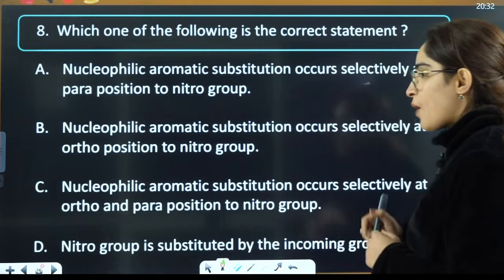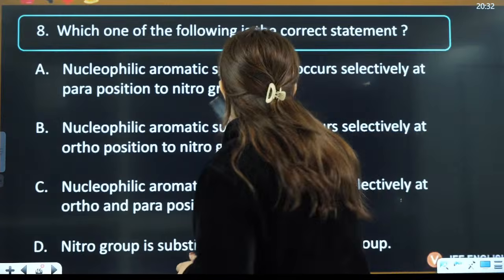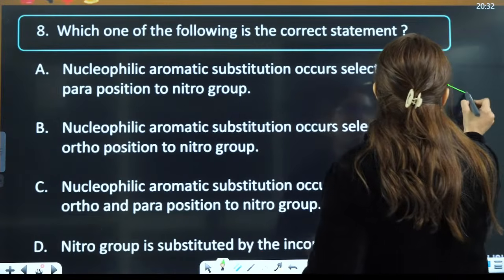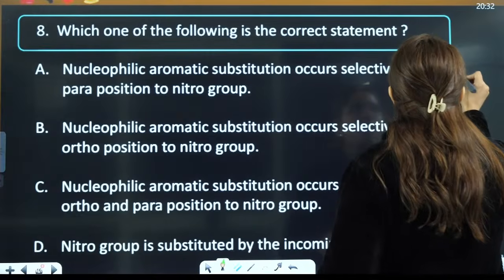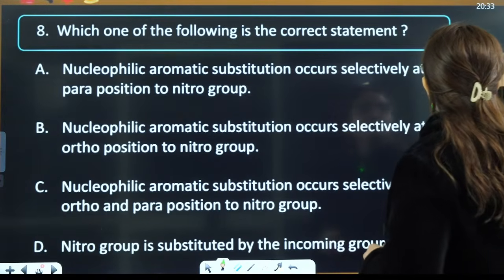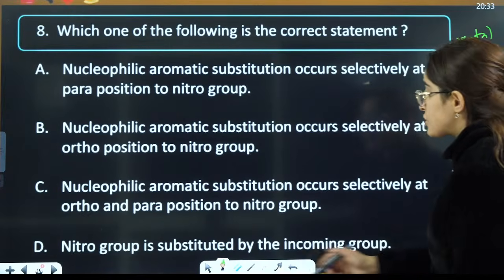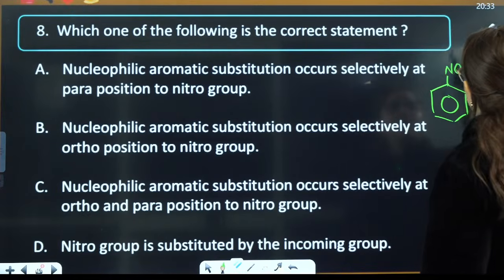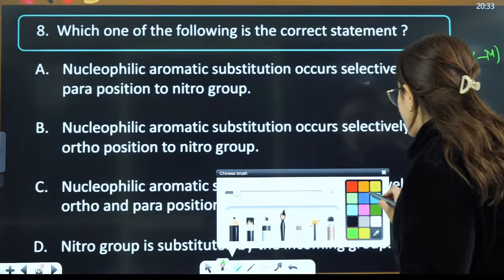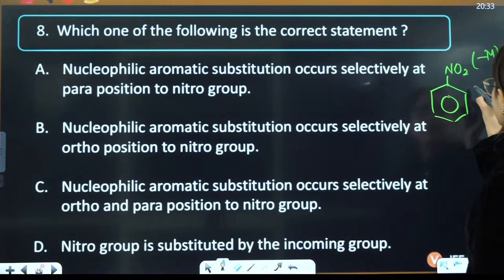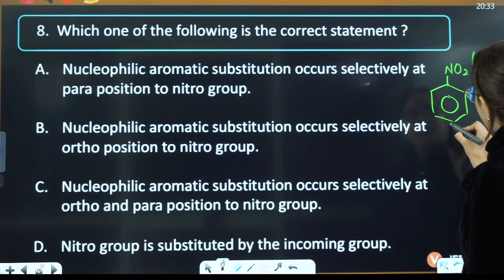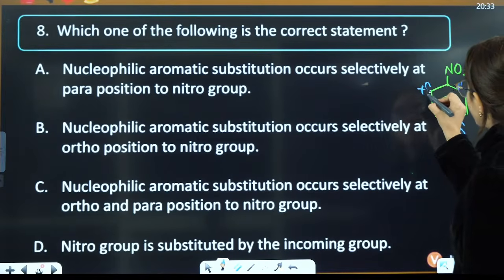Okay, what is the answer here? Nucleophilic. See, if I talk about this particular position here, now this is meta directing. This is -M. You will say, ma'am, the meta position is not written here. Just remember one thing, what will happen here when you do the resonating structures. Here you will have partial positive charge at the ortho and para positions.